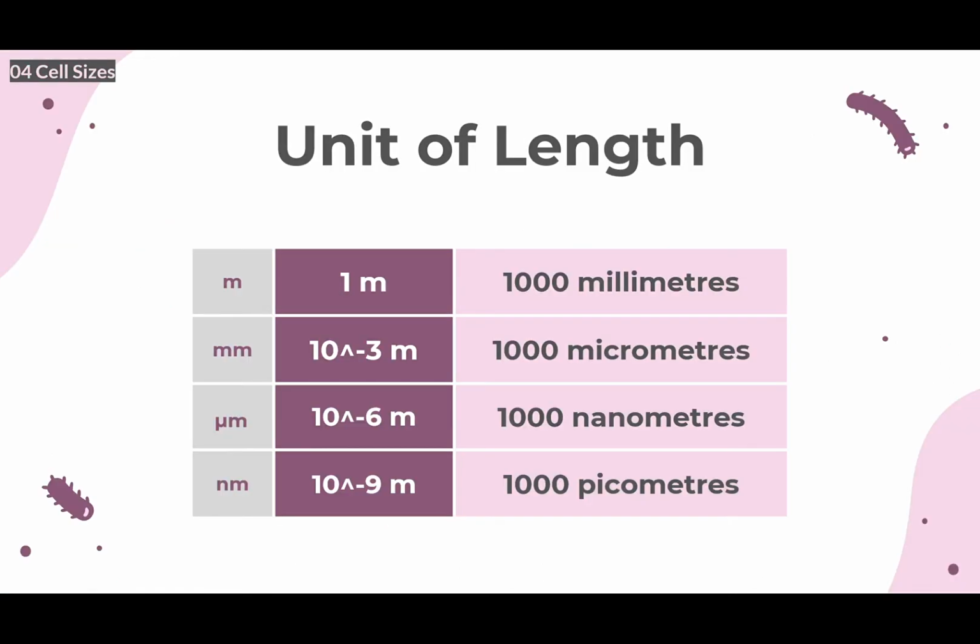Here I also have the units of length in a table. So we have 1 meter equals 1,000 millimeters, 1 millimeter equals 1,000 micrometers, 1 micrometer equals 1,000 nanometers, and 1 nanometer equals 1,000 picometers. So you have an understanding and an overview of the different units.